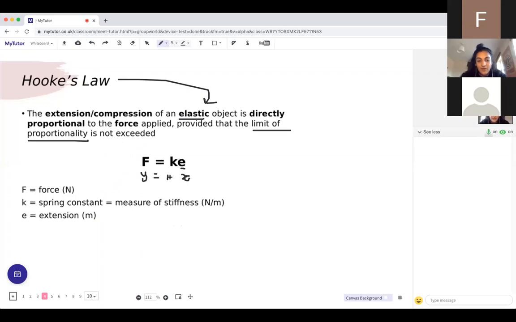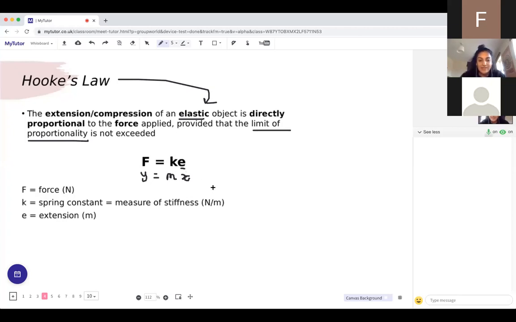You might have heard of y equals mx plus c, which is the equation of a line. So y equals mx fits our equation for Hooke's law, where we plot force on the y-axis, extension on the x-axis, and the spring constant will therefore be our gradient.